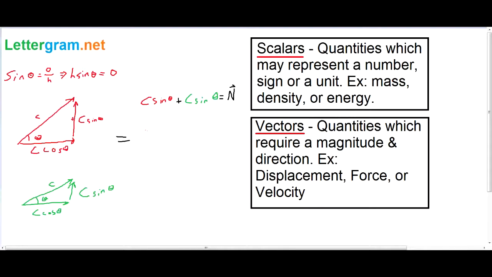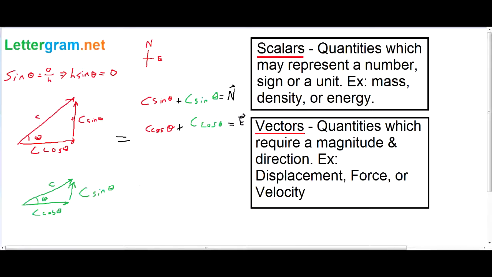And for the east vector, I will take C cosine theta plus C cosine theta, and that'll equal the vector in the east direction.